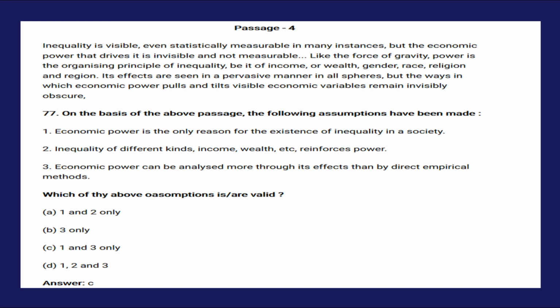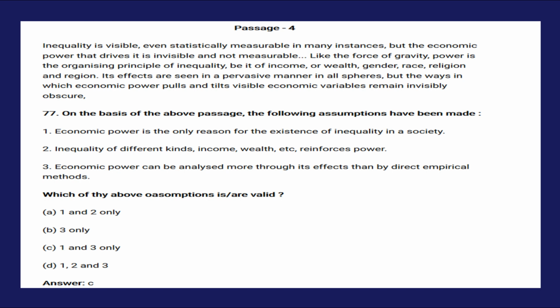Question 77. On the basis of the above passage, the following assumptions have been made. Statement 1. Economic power is the only reason for the existence of inequality in a society. Second, inequality of different kinds, income, wealth, etc., reinforces power.